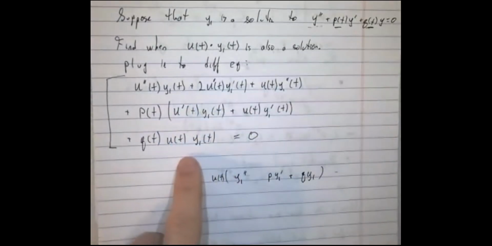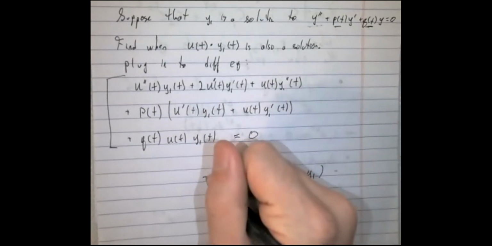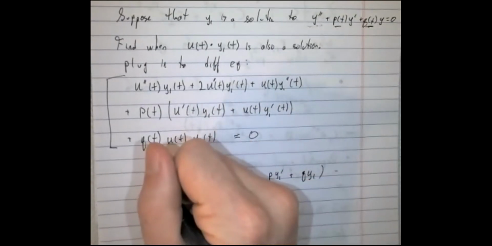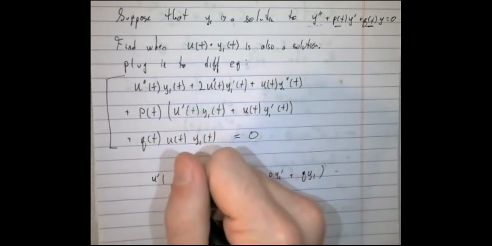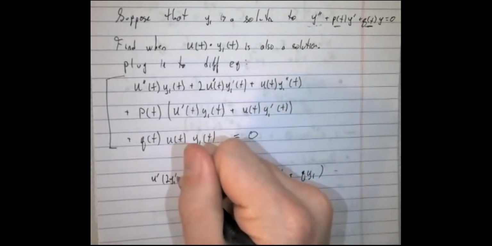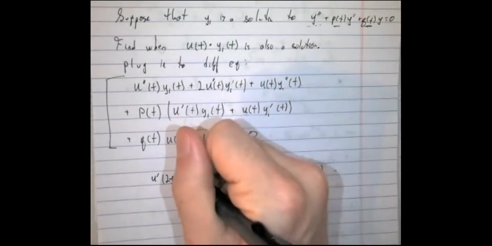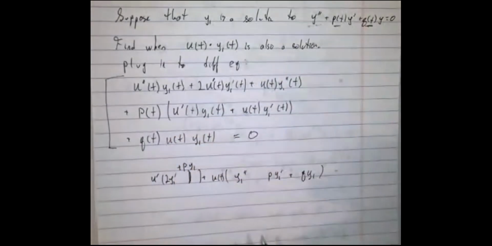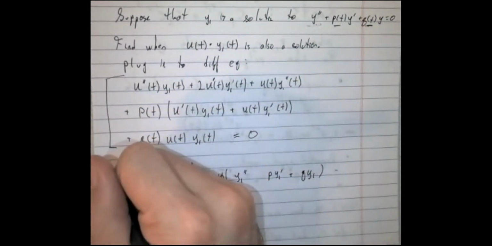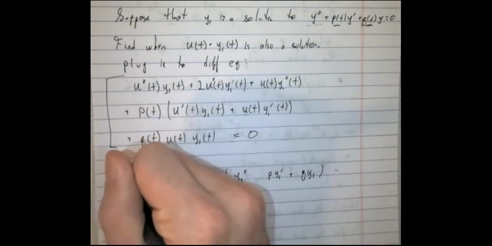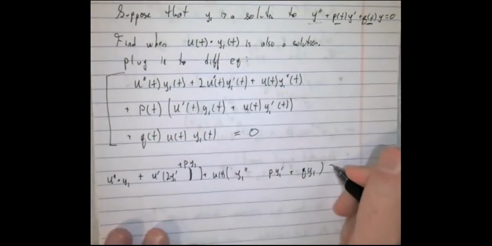I've just collected all the terms that only involve u of t. And now if I collect the terms involving u prime, I'm going to get 2 y1 prime plus p y1. And if I collect all the terms that involve a u double prime, I just get u double prime times y1. All this is going to be equal to 0.